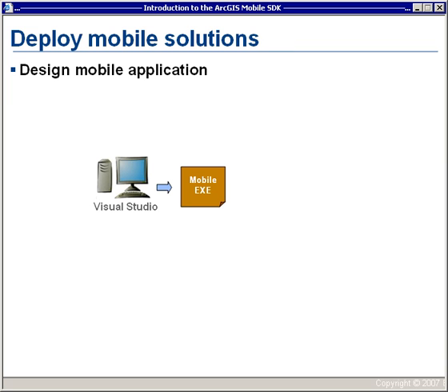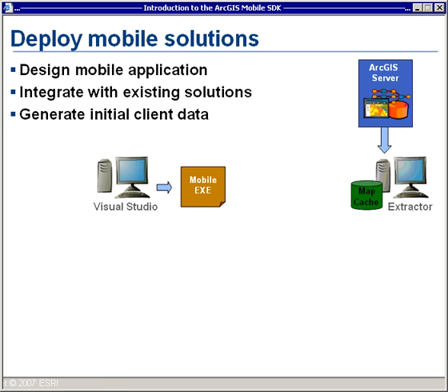And the last step is to go through our deployment process. So not only are we going to design the application, and the end result of that is going to be an executable and a couple of DLLs, we might integrate with some existing solutions. We're also going to generate this initial client data, and I touched on the data extractor previously.